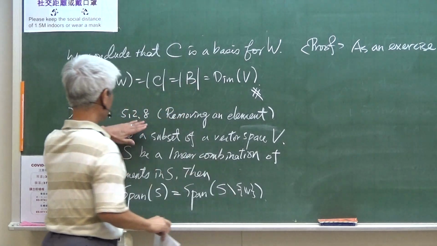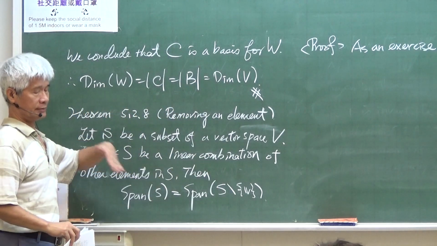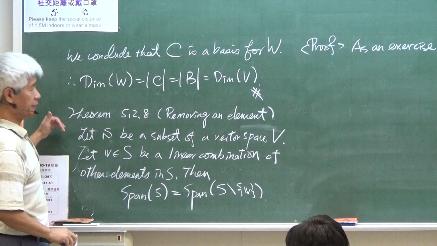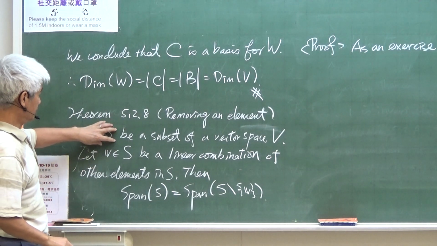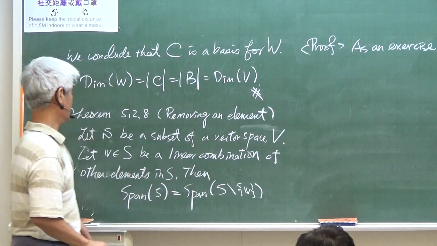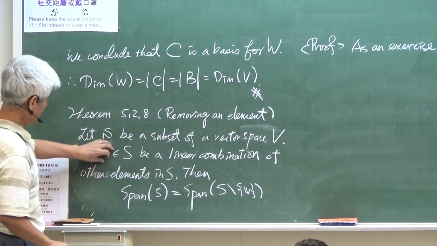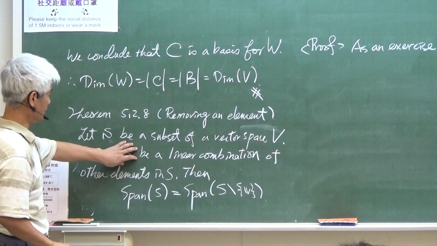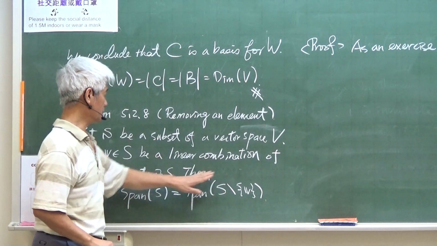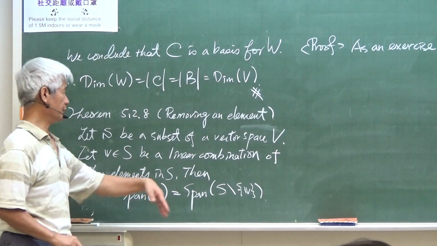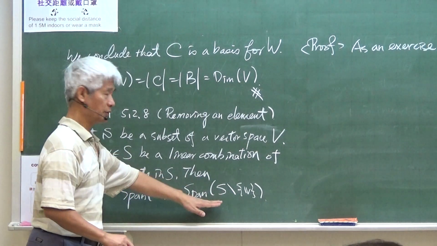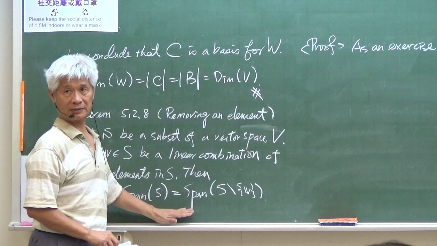This theorem is useful when we deal with a finite subset of a vector space. So if we find a vector in this finite subset which is a linear combination of the other elements in S, then we can remove the vector from S without changing its span.